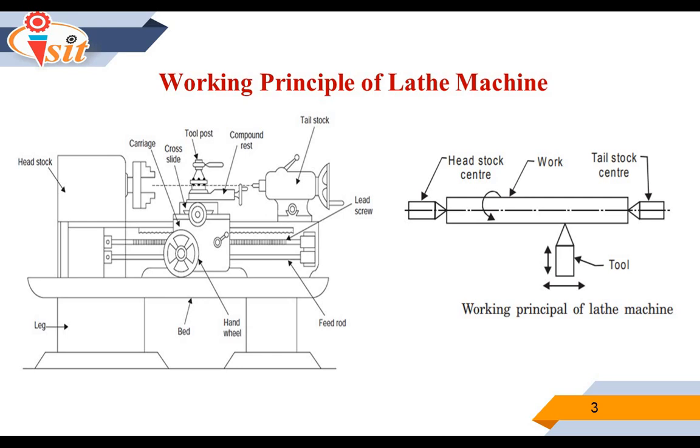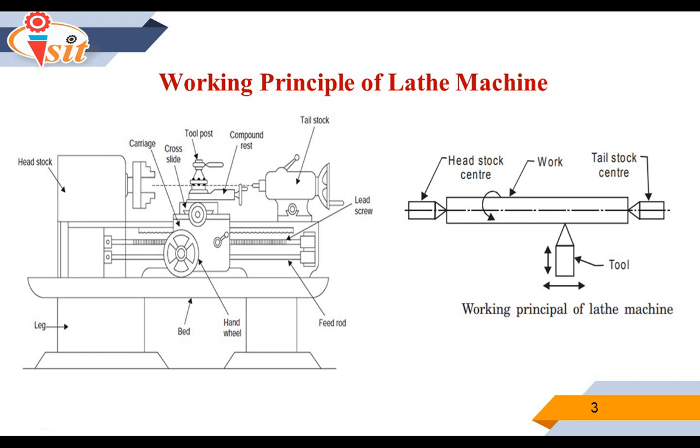Besides the simple turning operation described here, the lathe can be used to carry out operations such as drilling, reaming, boring, taper turning, knurling, screw thread turning and grinding. These are the different operations performed on a lathe machine.